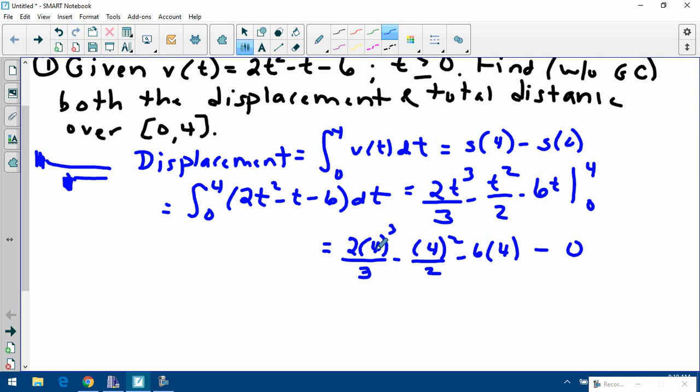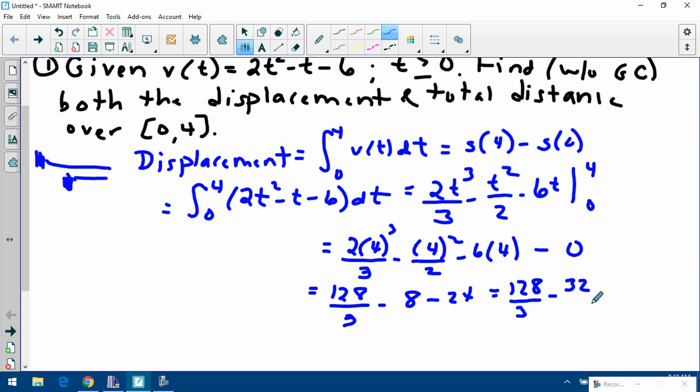All right, so we start doing this. 4 cubed is 64 times 2 is 128, so 128 thirds. Minus 4 squared over 2, that would be 16 over 2, so minus 8, minus 24. So that's 128 thirds minus 32.